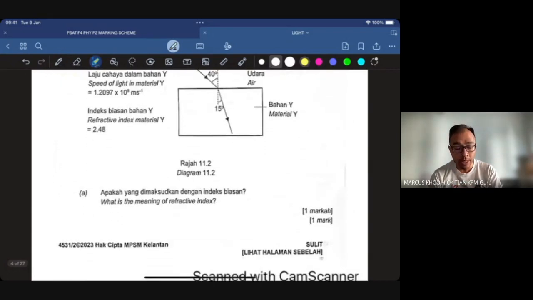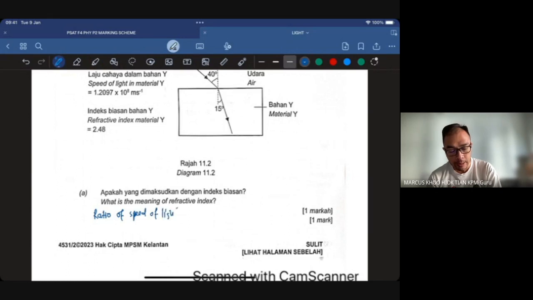What is the meaning of refractive index? The meaning of refractive index is the ratio of the speed of light in the air, or vacuum, to the speed of light in a medium.